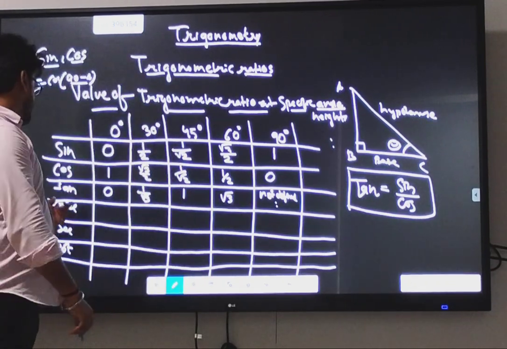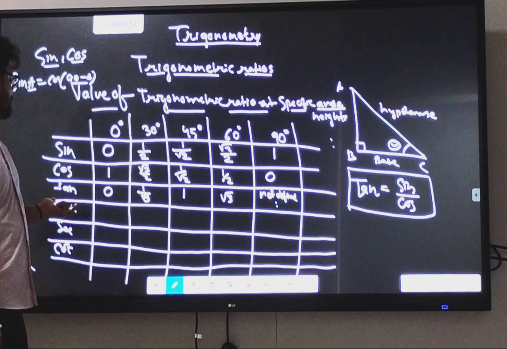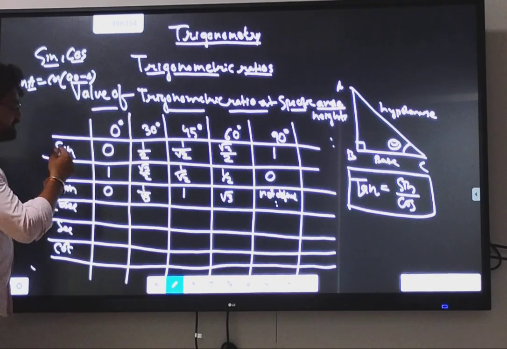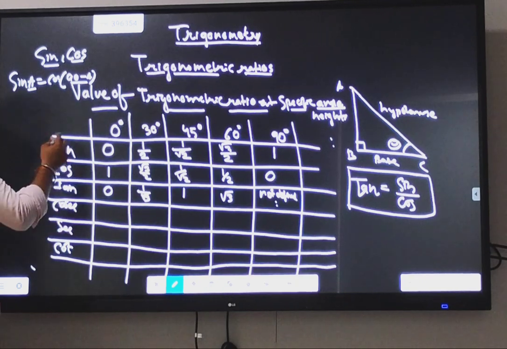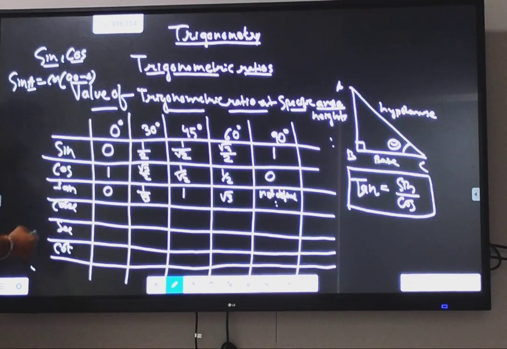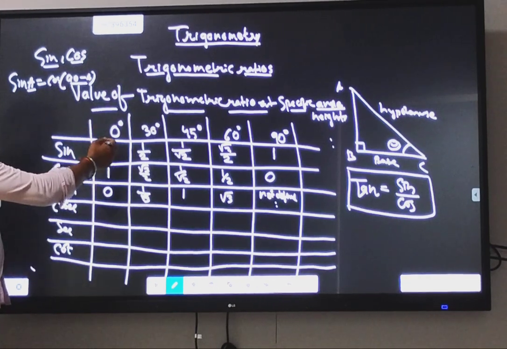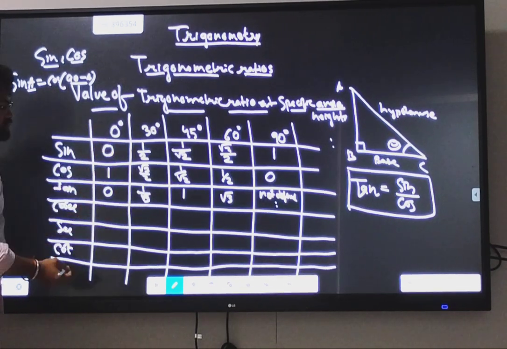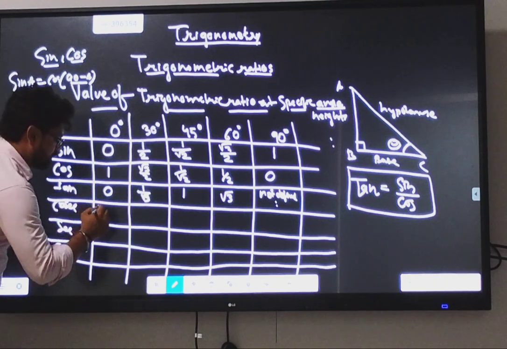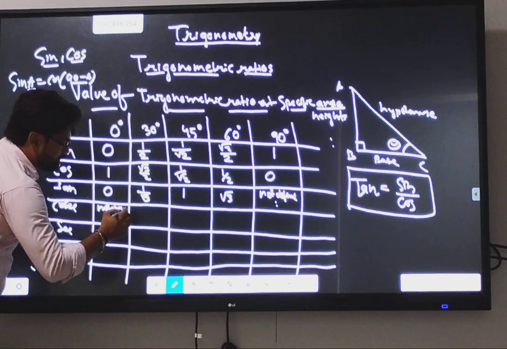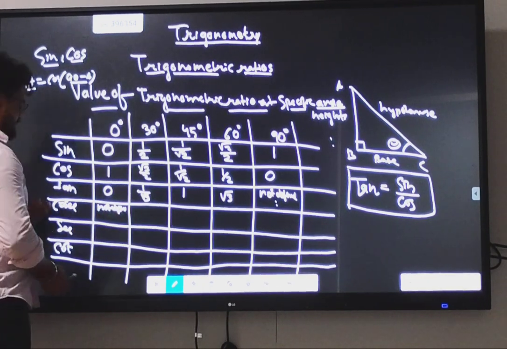Now, if I have to write the value of cosec, I will simply take the reciprocal of sine. So cosec 0 will be 1 upon sine 0, so 1 upon 0 is not defined.